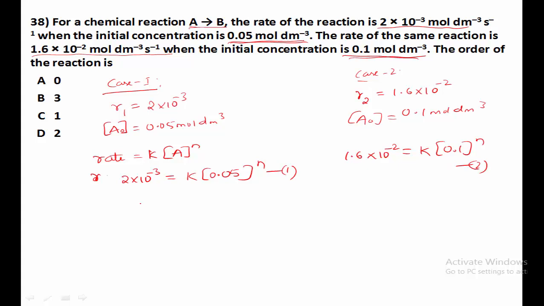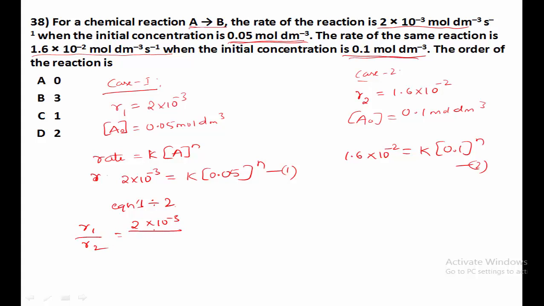Now divide equation 1 by equation 2. What you will get? This is R1 divided by R2.